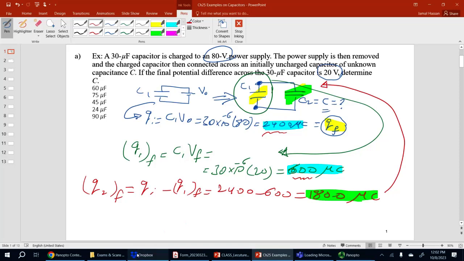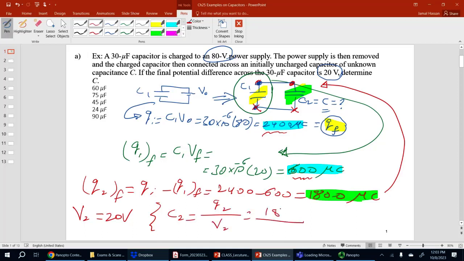Now we know the charge, and we know the voltage as well, because this point is the same as that point, and that point is the same as this point. That tells us the 20 volt will also be across C2. So V across capacitor 2 is equal to 20 volt. That simply tells us that C, or C2, let's say, is equal to Q2 divided by V2.